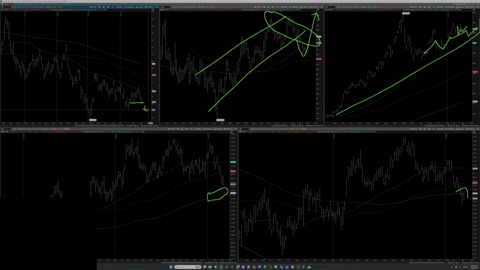This is the 30 years, and this is the 10-year bonds, the bond market. What's happening here? Actually, we have the 50, 100, and 200 here.